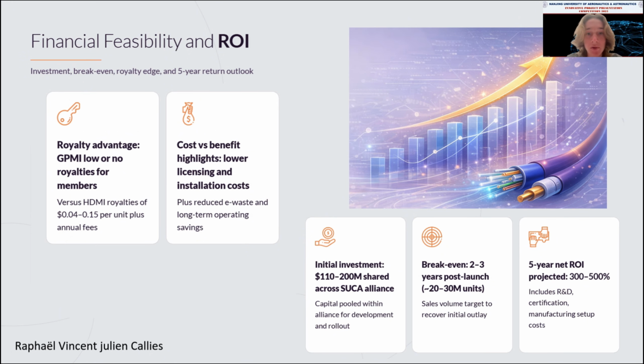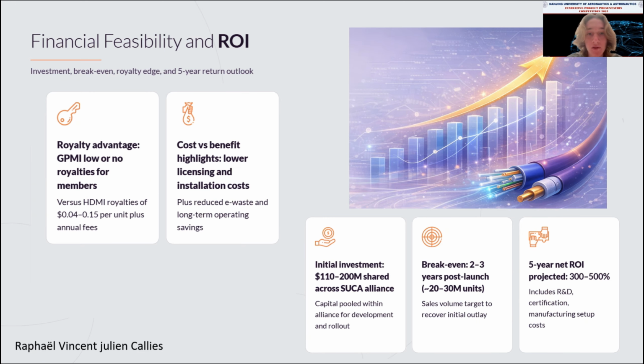The initial investment for development and rollout is estimated between $110 million and $200 million, which will be shared and pooled across our strategic SUCA alliance partners. Our analysis projects reaching the break-even point within 2 or 3 years after launch, corresponding to the sale of approximately 20 or 30 million units.